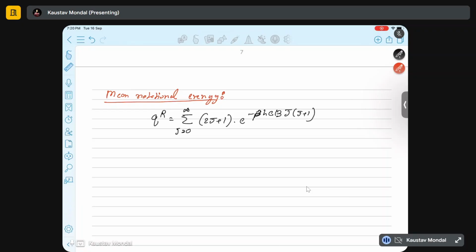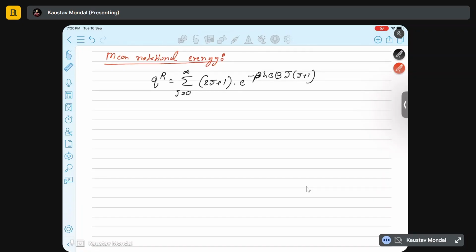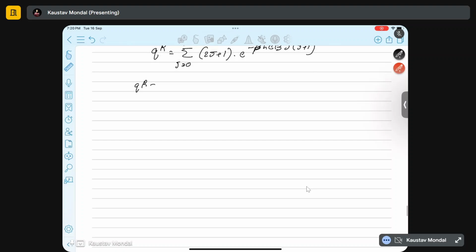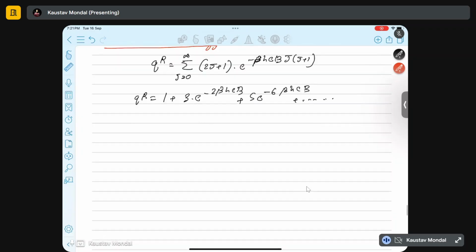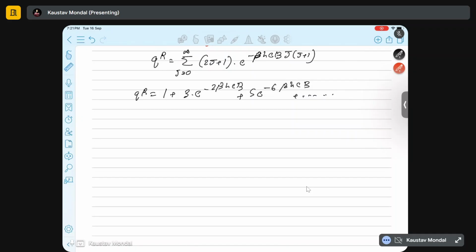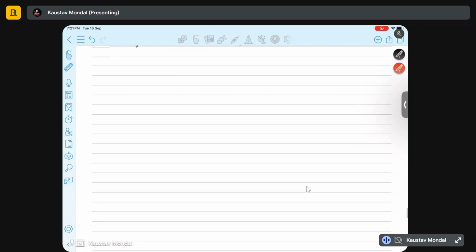Now j starts from 0, 1, 2, 3. So q_R would start from 1 plus 3 into e to the power minus 2 beta h c B plus 5 into e to the power minus 6 beta h c B and so on. That is how q_R looks if we do the summation over j. Now having the expression of q_R, next we will calculate the mean energy for the rotational contribution.